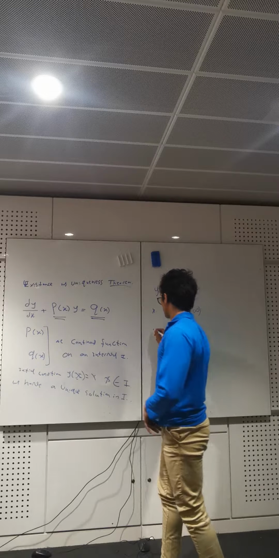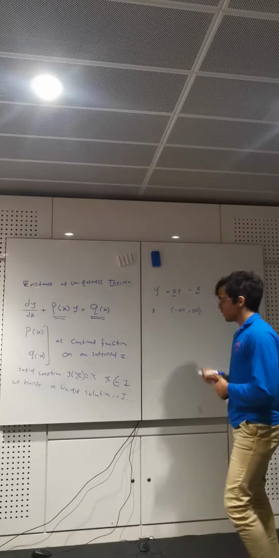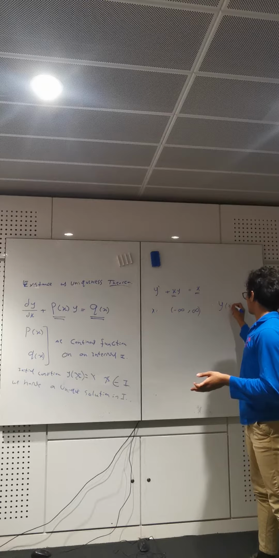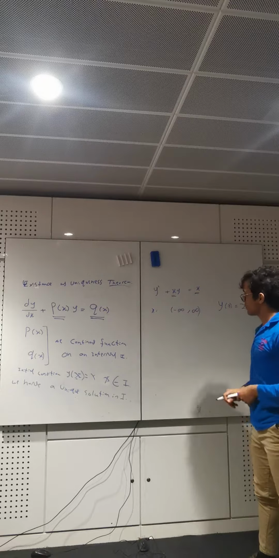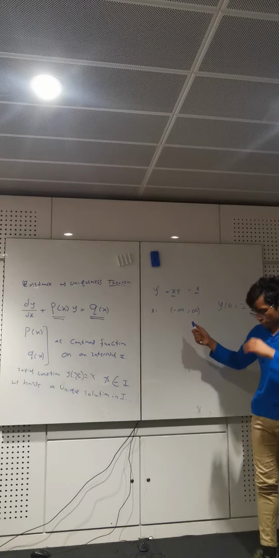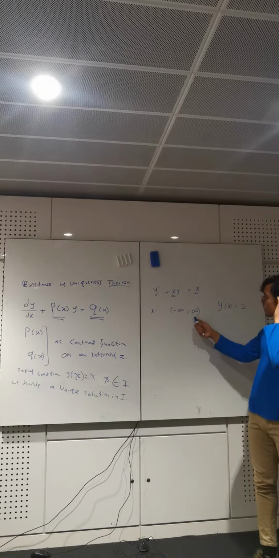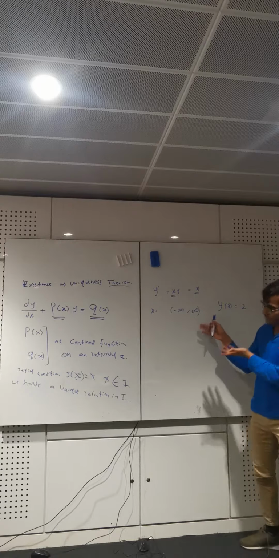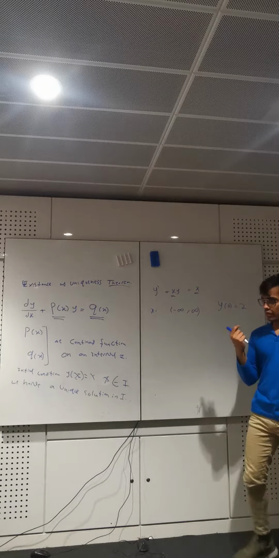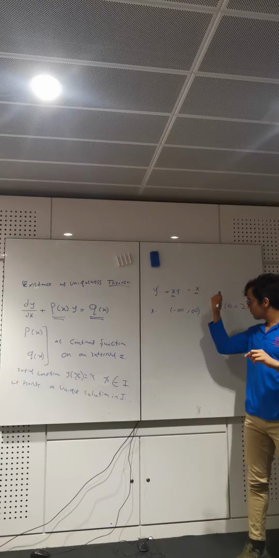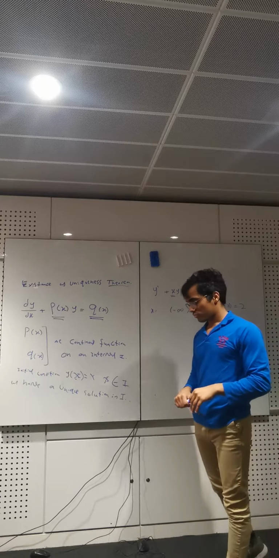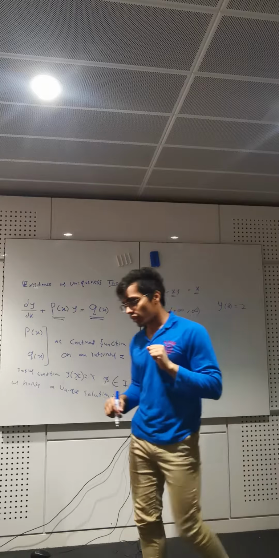We have another x over there, which is again continuous from negative infinity to infinity. Imagine if we were given that y of 3 is equal to 2. Then according to this theorem, there must be a unique solution over the interval between negative infinity and infinity. So there is only one unique solution because of the initial condition. Let's have another example.